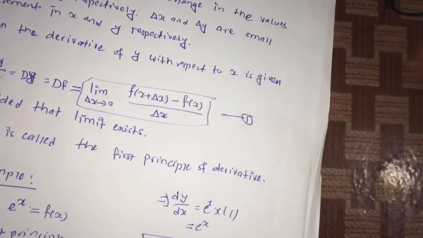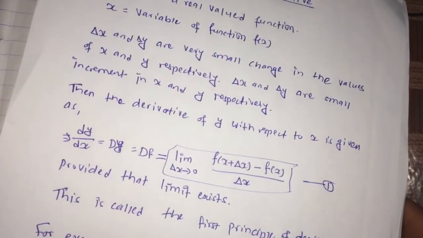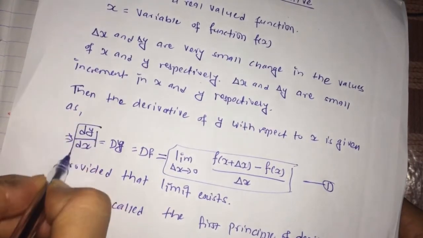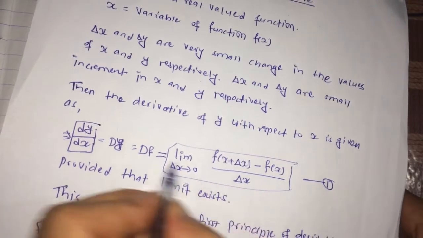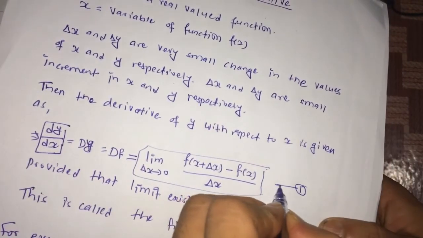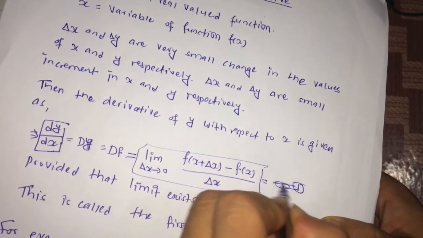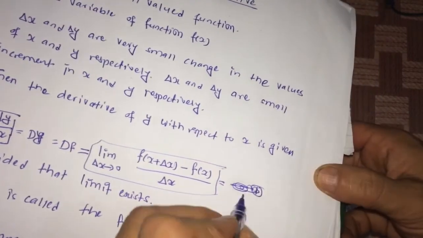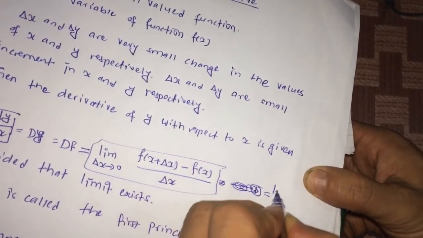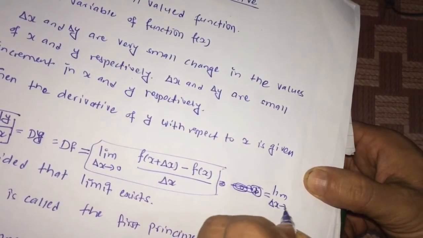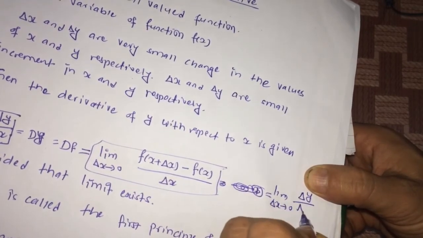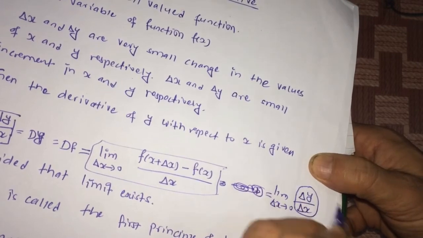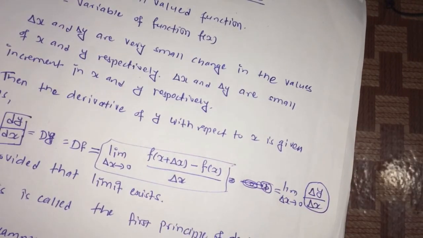So from the first principle, what you can say is this ratio is known as the instantaneous ratio, which is also written as the limit del x tends to 0, del y by del x. This is also called the incremental ratio.